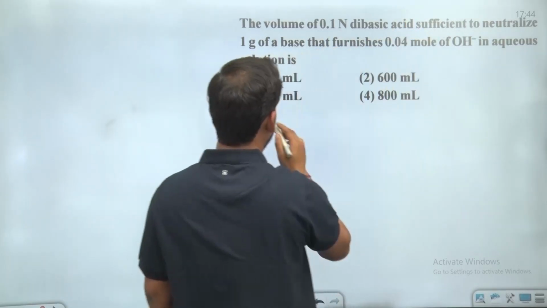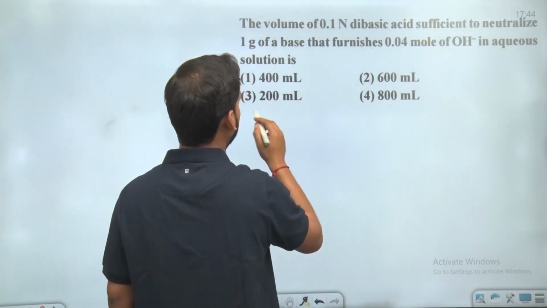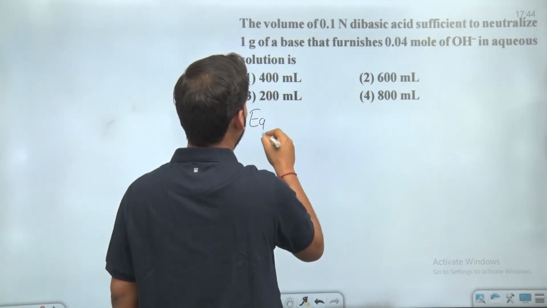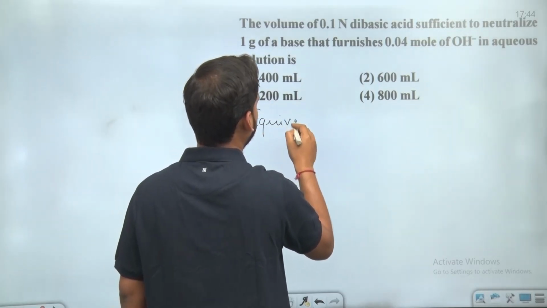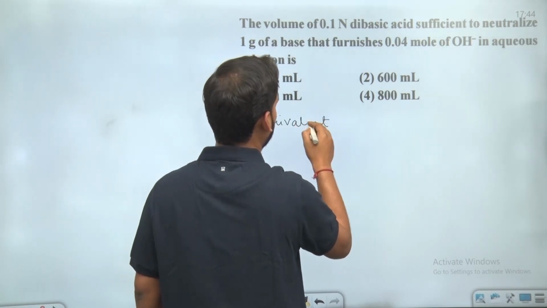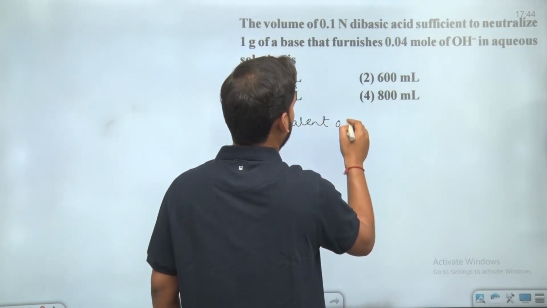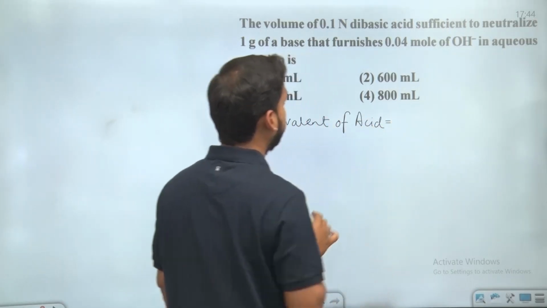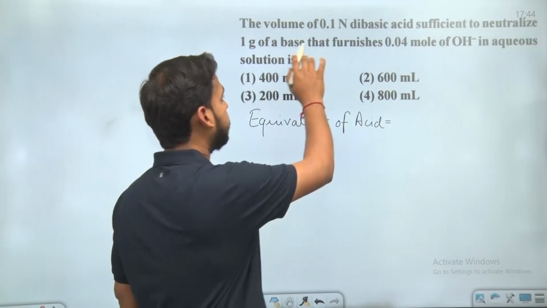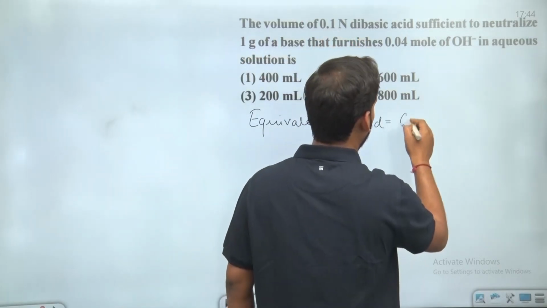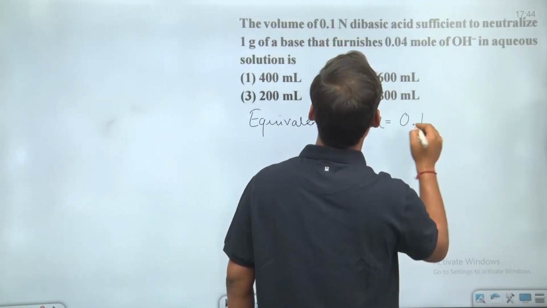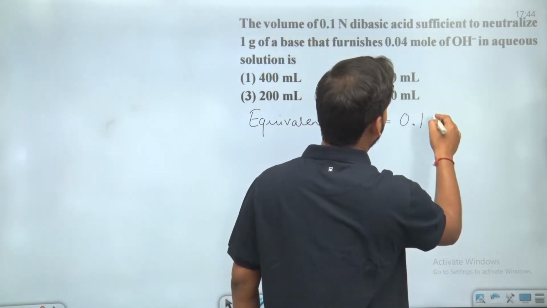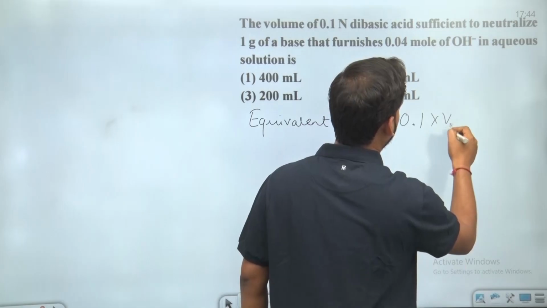So the equivalents of acid will be equal to the normality into the volume. The normality is given as 0.1 normal, so 0.1 into the volume, which we have to calculate.